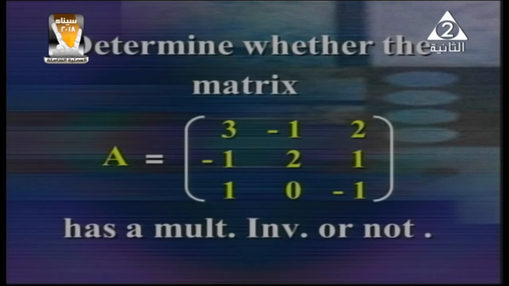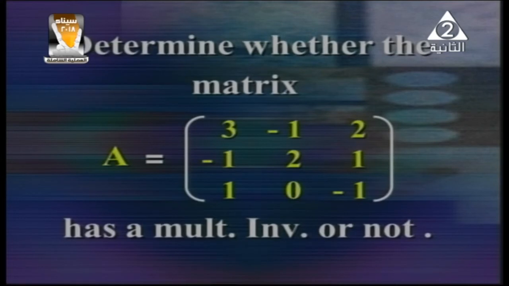Dear student, we have a matrix with 3 rows and 3 columns. What is required? Determine whether the matrix has a multiplicative inverse or not. Remember, dear student, the matrix has no multiplicative inverse if the determinant equals 0.